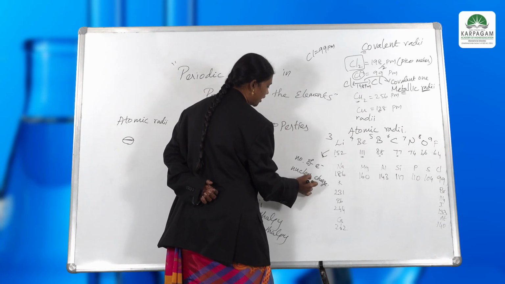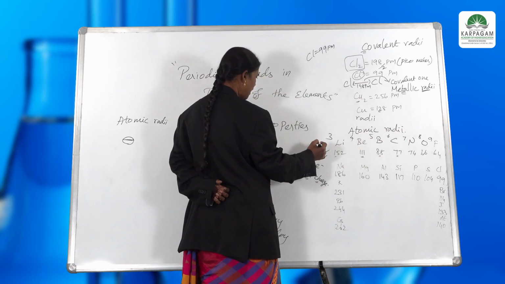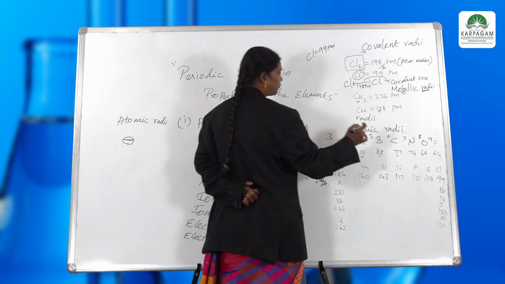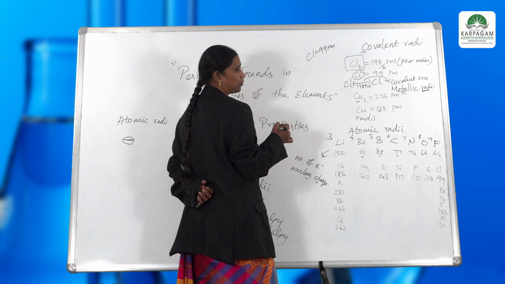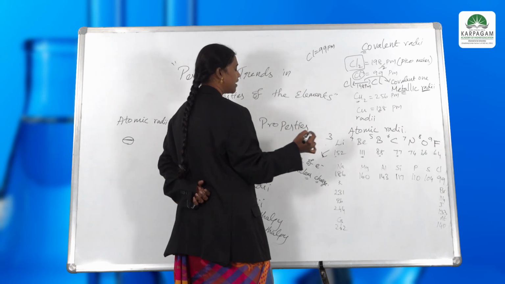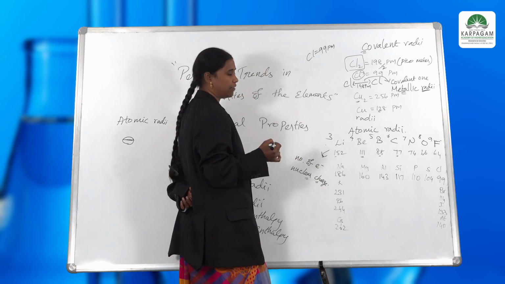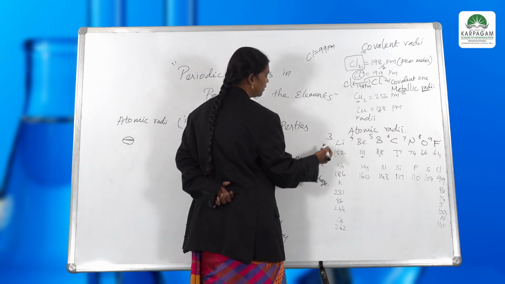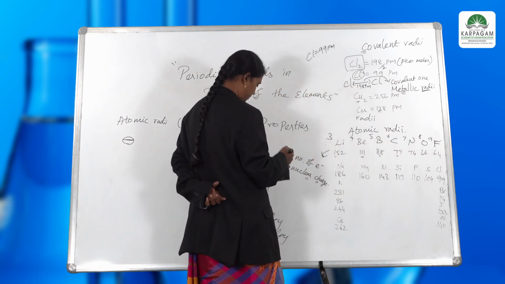But in nuclear charge from lithium to fluorine, lithium has low nuclear charge, but fluorine has high nuclear charge. There is no additional electron repulsion, and it also has high electronegativity. Due to that nuclear charge variation, the atomic radii decrease along the period.